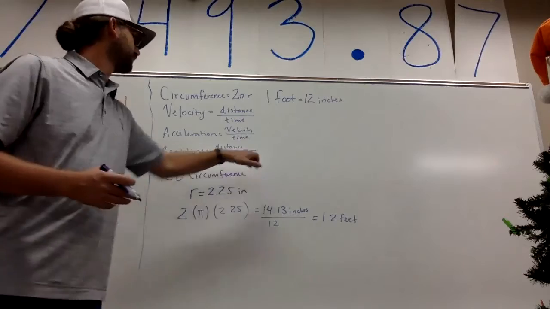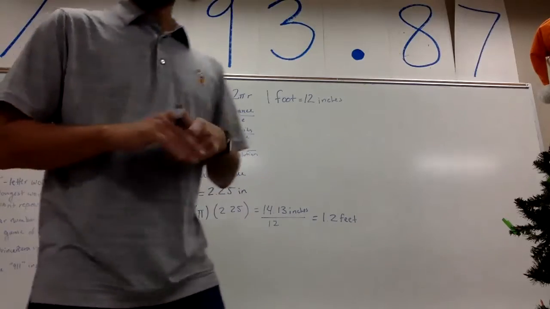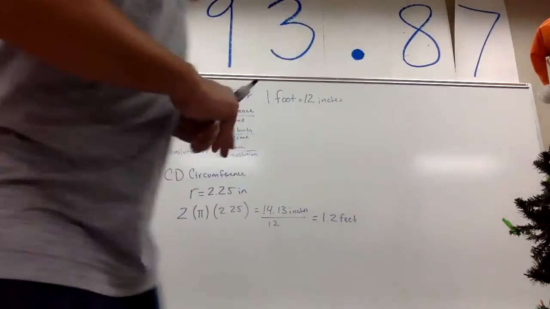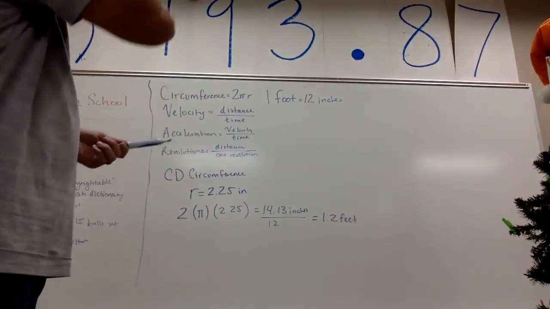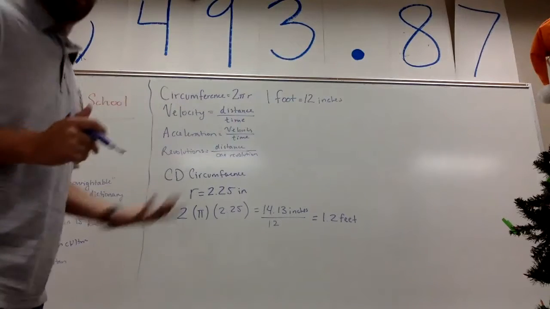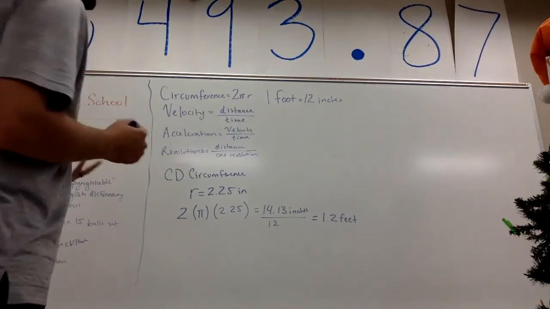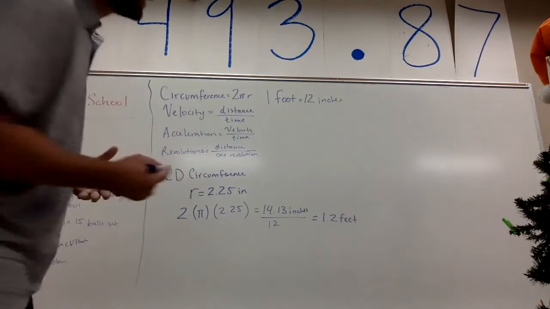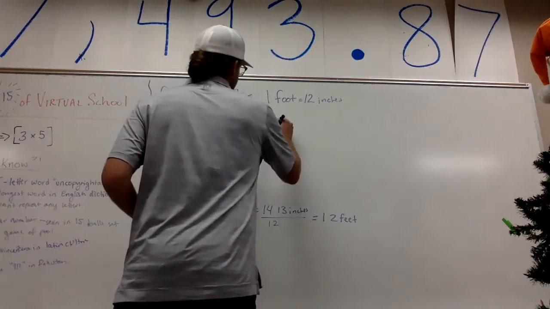So I've got this part here. Now let's think about our distance. There are multiple different ways that we're going to have distance here. One of the examples brought up in class was 8 feet 7 inches.